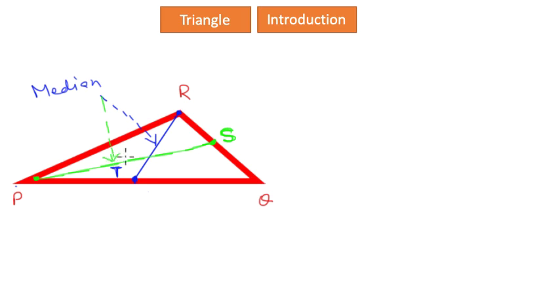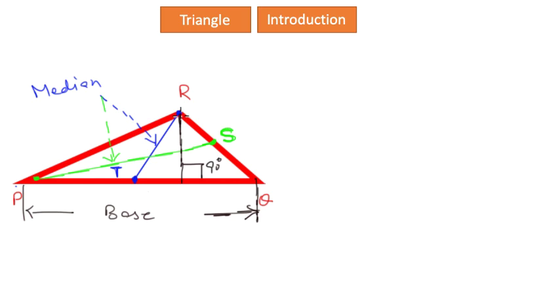Okay, now let us talk about what is an altitude. If I simply define that line segment PQ is my base, okay, and this is important to know, you always find the altitude of something with reference to a baseline, right? Altitude means the height. Okay, so from the line segment PQ, if I create a line which is perpendicular to the base and connects to the vertex which is opposite to it, and this angle is 90 degrees, right?